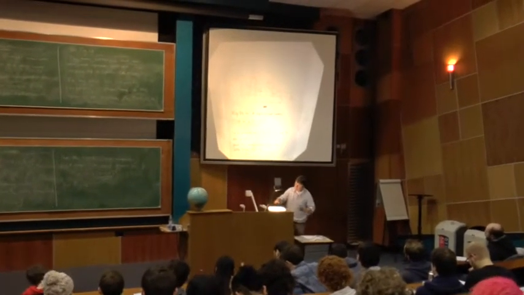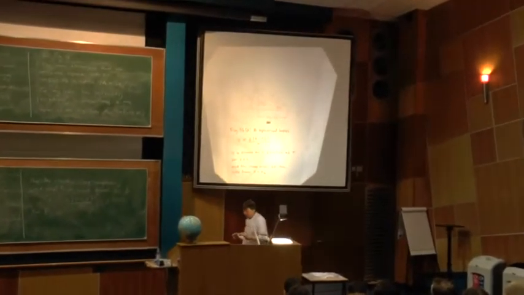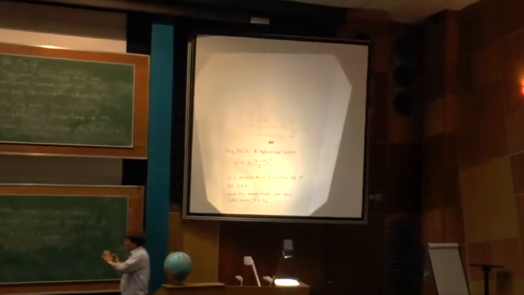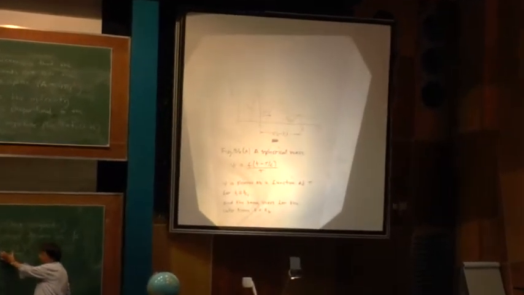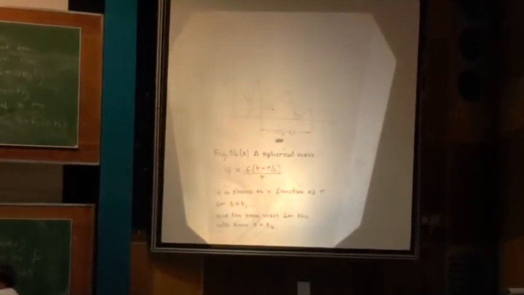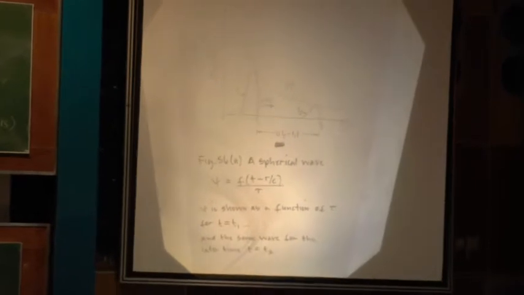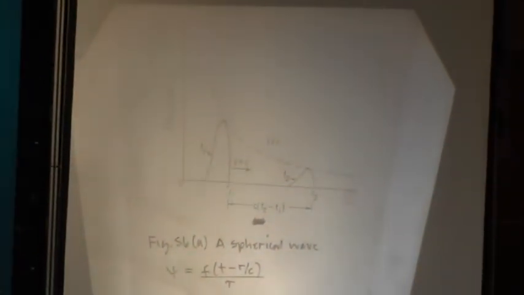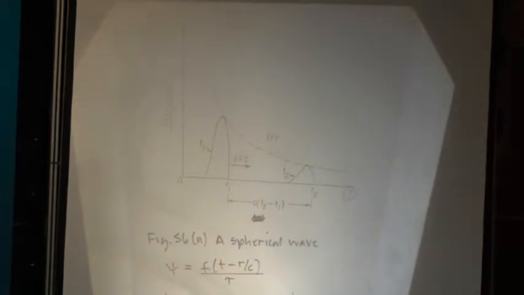So the spherical wave looks like this. And to emphasize too, when we look at waves, like for a plane wave, we just had a function of x minus ct. And I explained, coming back to this, it's just a fixed pattern, it moves in space. And there are two ways of looking at it.